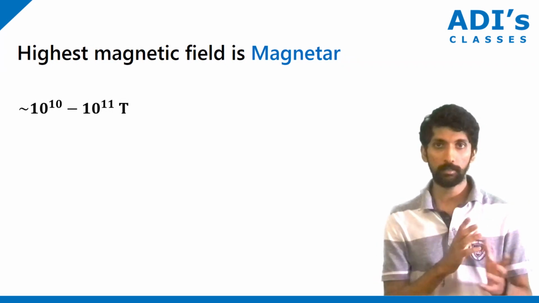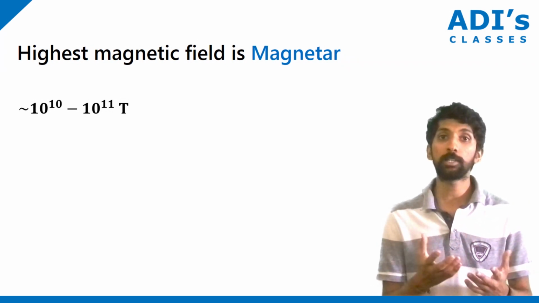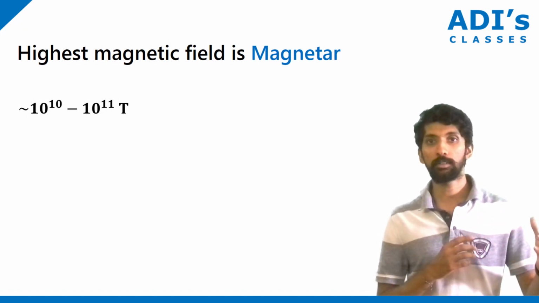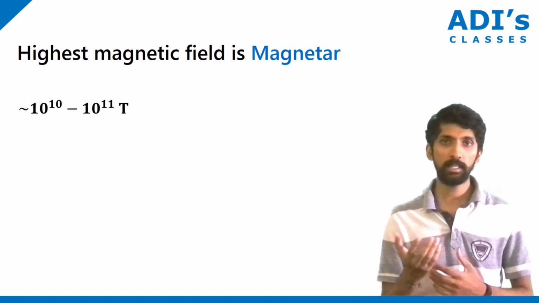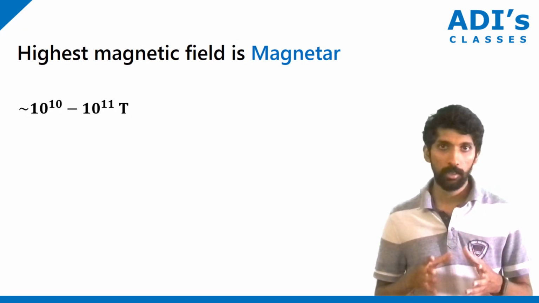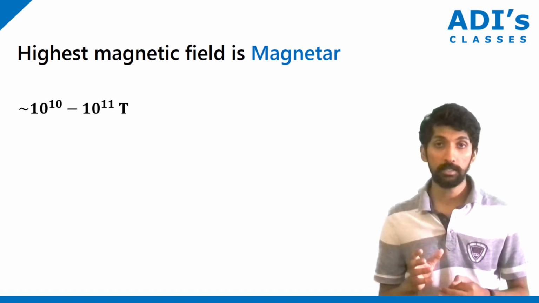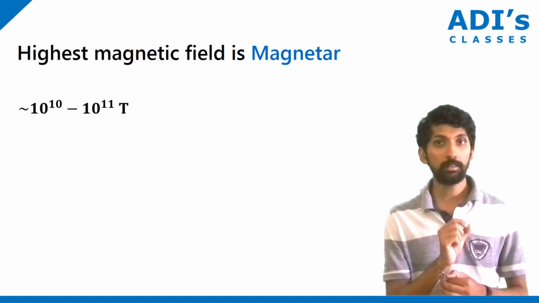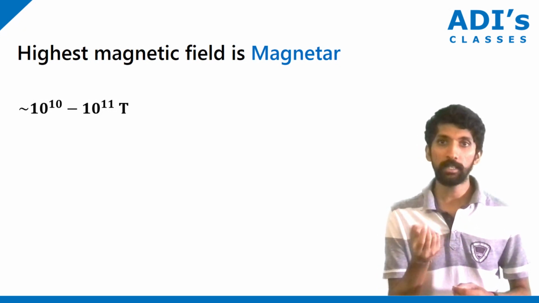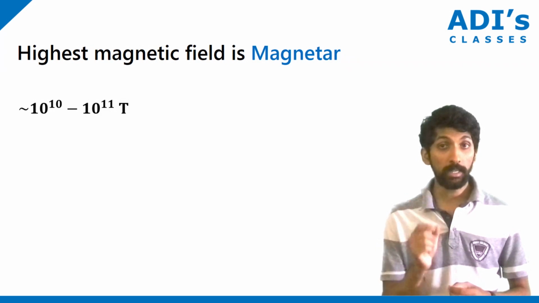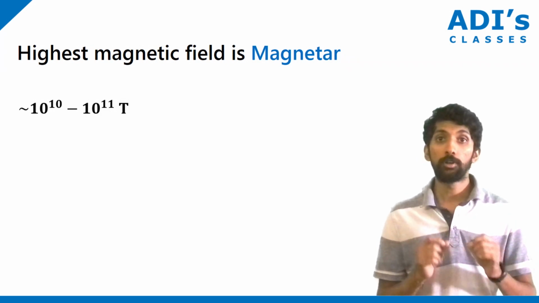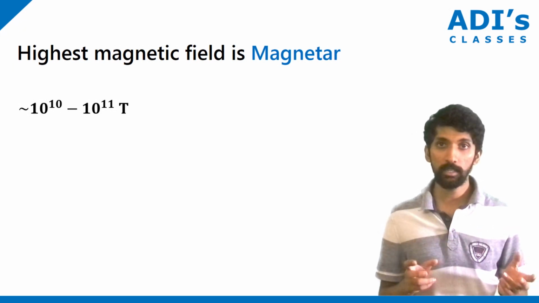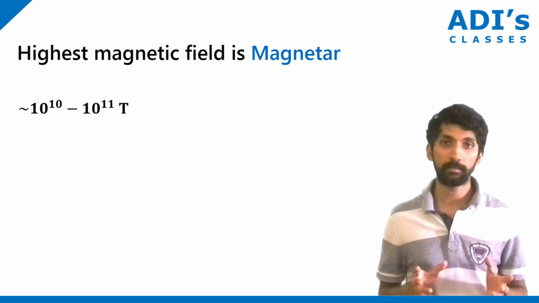Suppose a magnetar is at the distance of the Moon, around 3.5 lakh kilometers from Earth. That magnetar will rip apart atom by atom, because electrons are basically small magnets revolving. It has the power to rip apart a proton and an electron. Even though it's fascinating, it's very deadly.